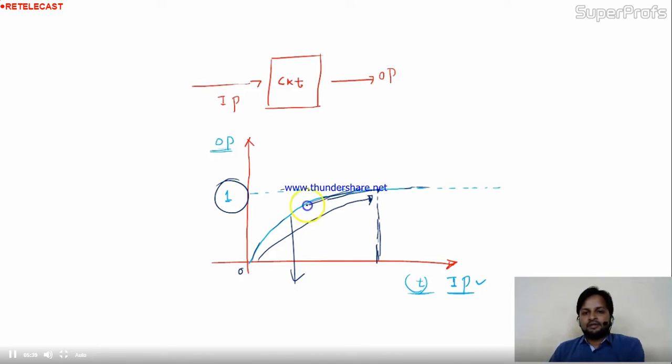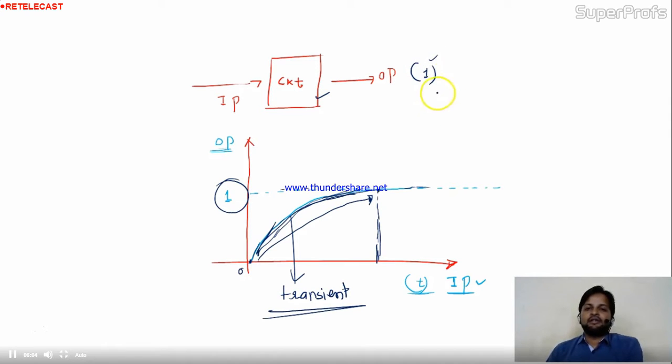This behavior of the circuit is nothing but the transient behavior. Or I can say the circuit is working in the transient region. Transient region means the input is going to the output. Suppose for a particular system we are giving some input and we are getting output 1.